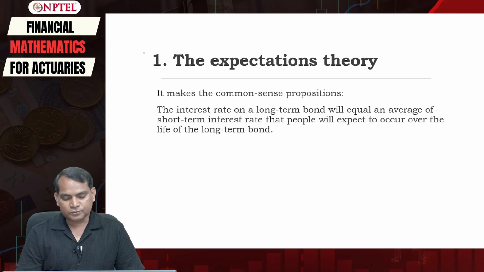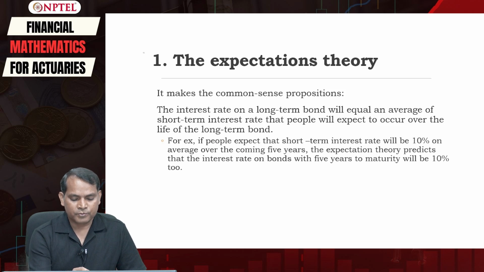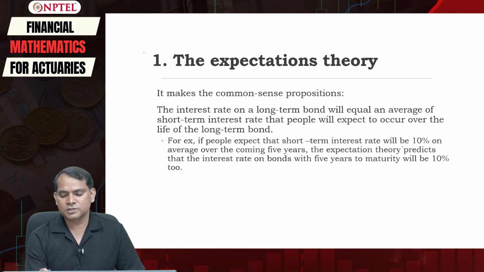So it says that the long term rate is just the average of all these short term interest rates that people expect. For example, if people expect that the short term interest rate will be 10% on average over the coming 5 years, the expectation theory predicts that the interest rate on a bond with 5 years to maturity will be 10% too.